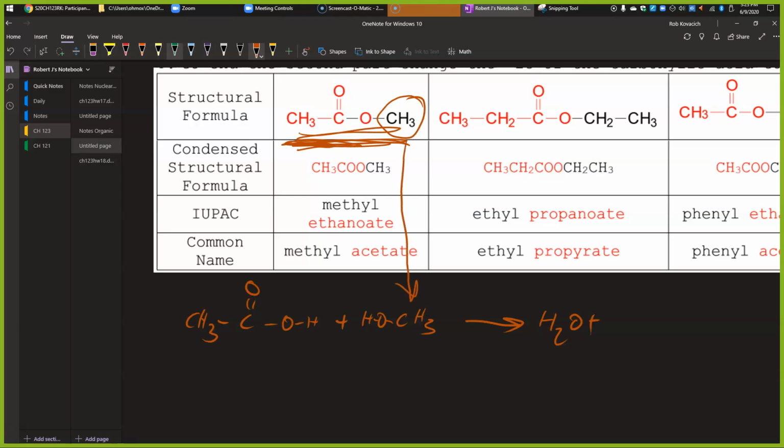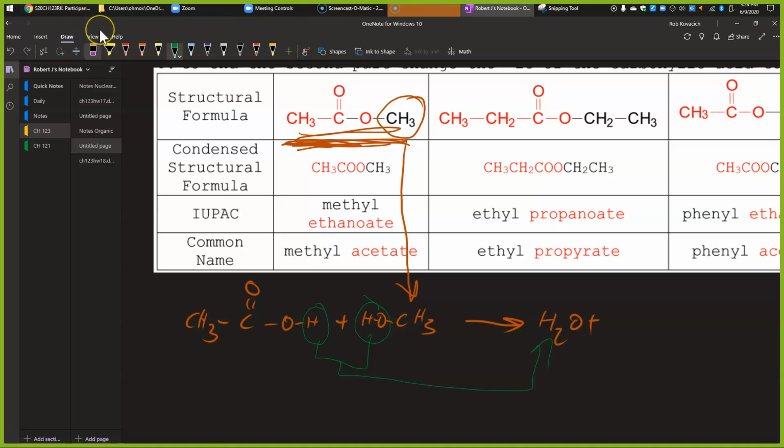So when this reacts, I take the acidic H off of the acid and I react it with the alcohol group on the alcohol and I make myself a water molecule. Okay?